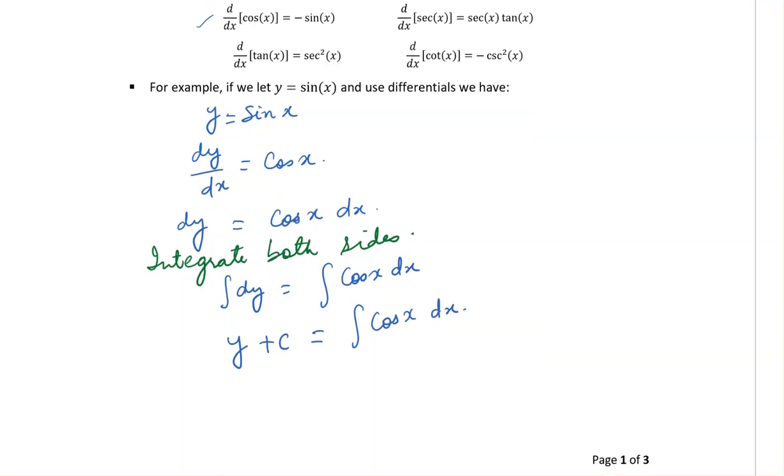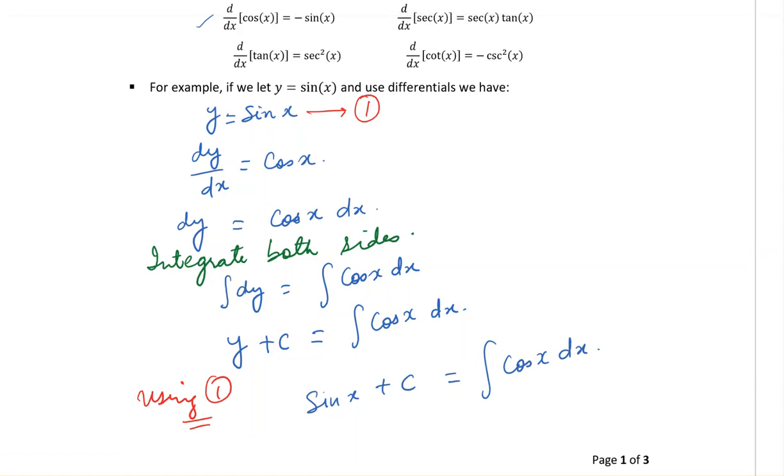I'll call this number 1. Using number 1 here, since y is sine x, we get sine x plus c is equal to the integral of cos x dx. Thus, from here we got our one formula: the integral of cosine x dx is equal to sine x plus c.